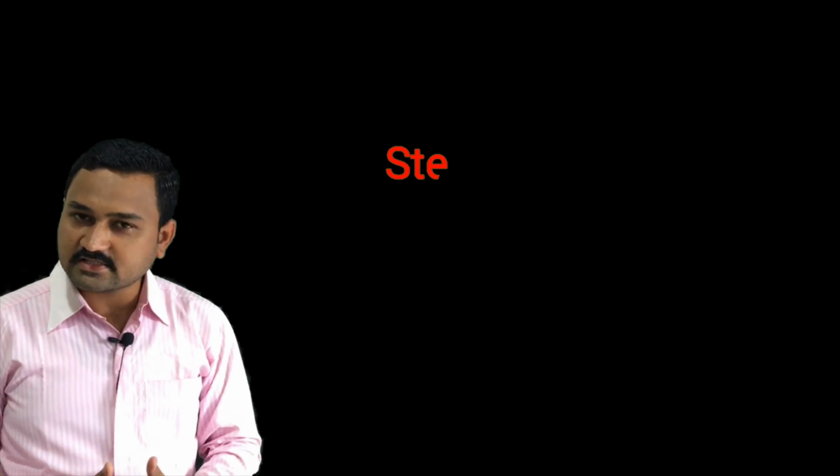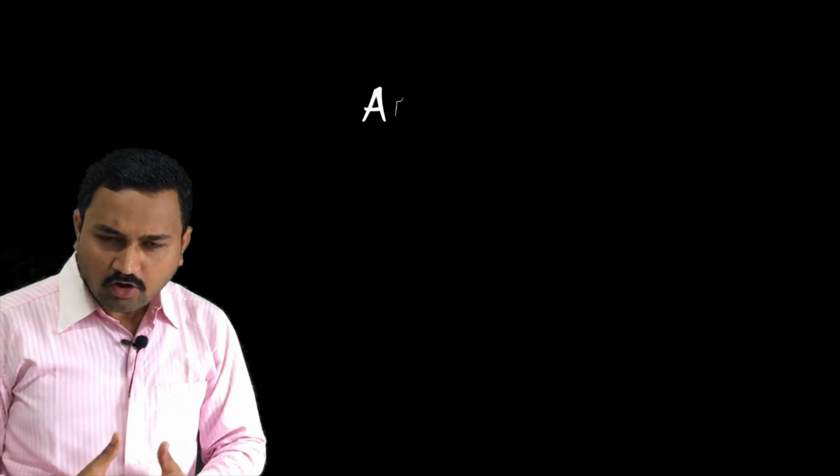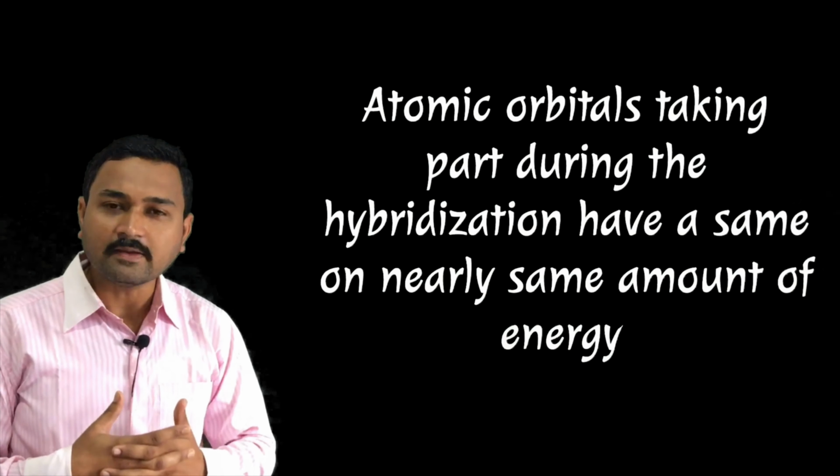Now the last step, step number 6, the energy of the orbitals. Remember, the atomic orbitals taking part during the hybridization have the same or nearly the same amount of energy.